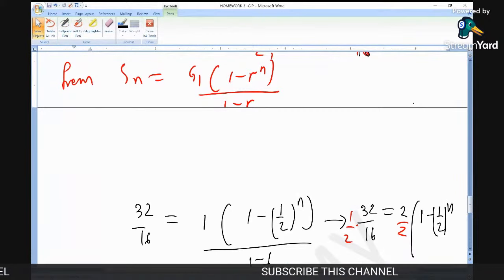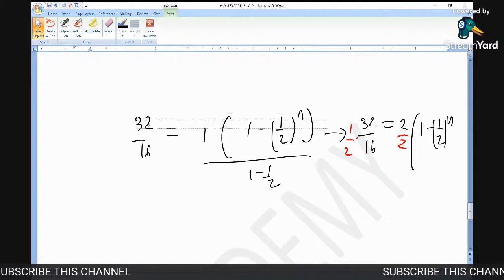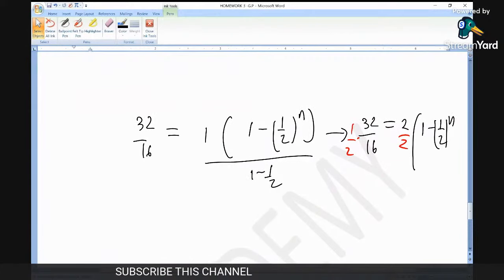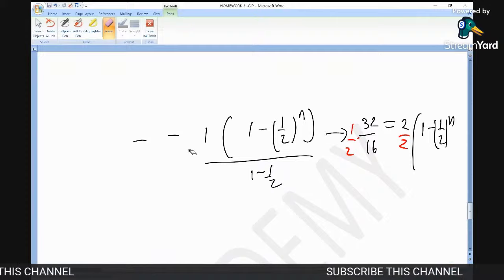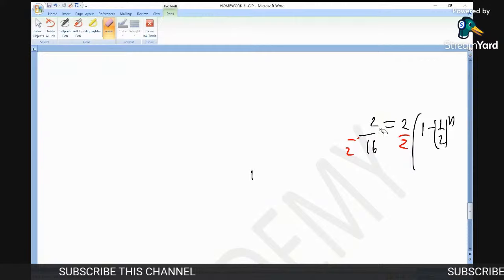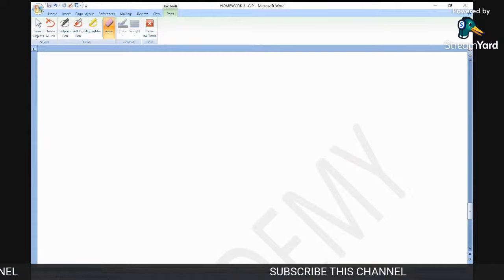And so we're going to continue here, it will be 31 over 16 again. And we can remove this stage here.